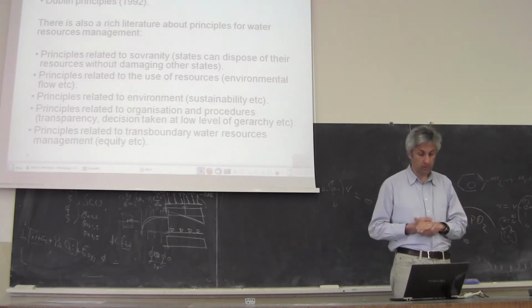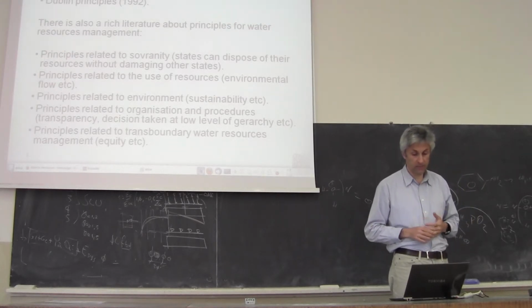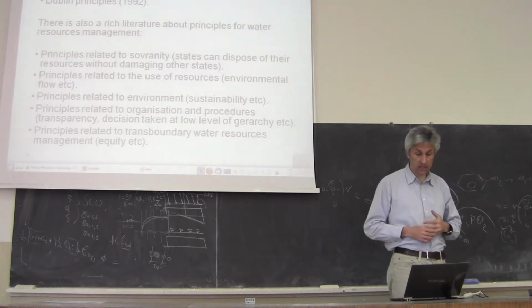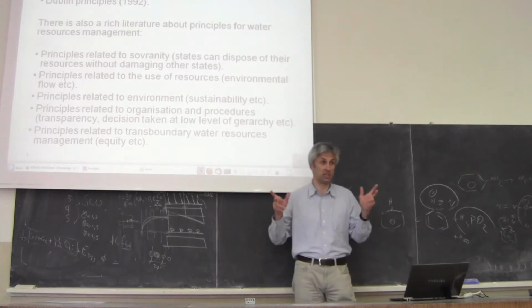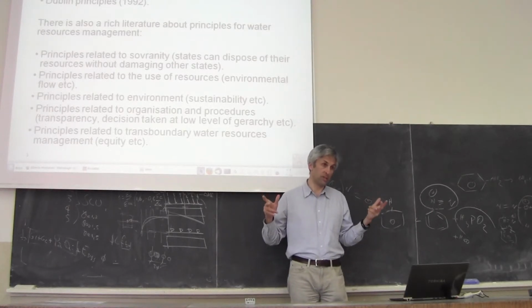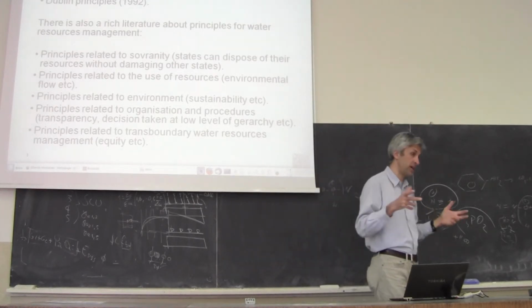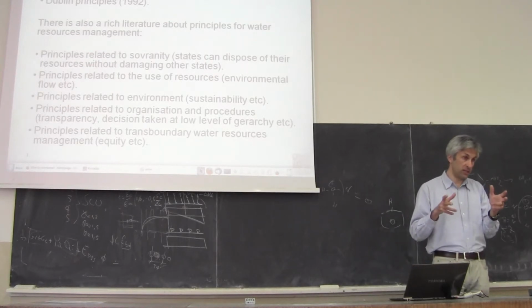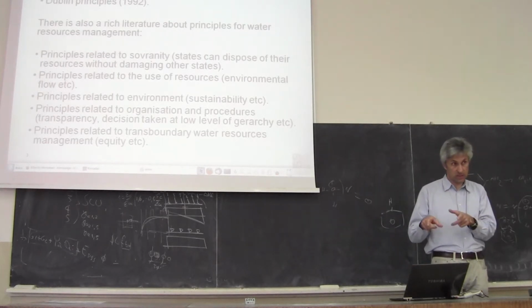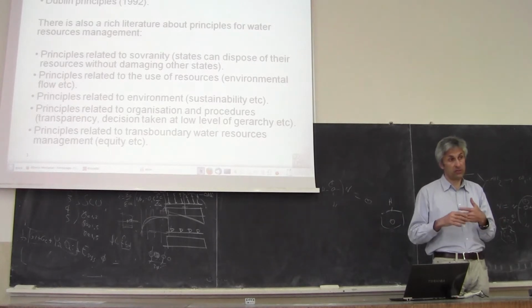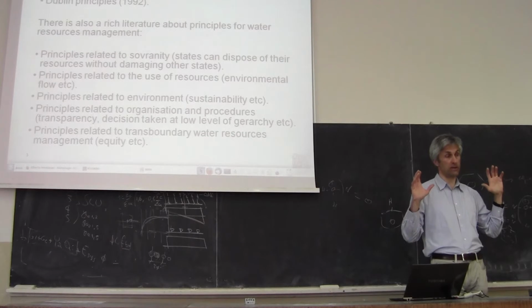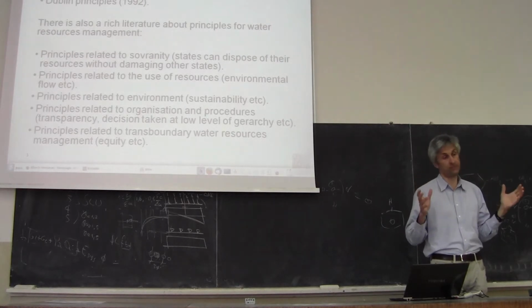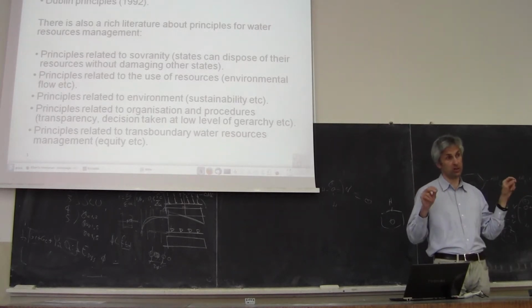Let's have a look. Principles related to sovereignty, which means that states can dispose of their resources without damaging other states. This is a principle that is often applied, and it means that a state, as it is written there, is free to find the best strategy to manage water with the only constraint of not damaging the other states.